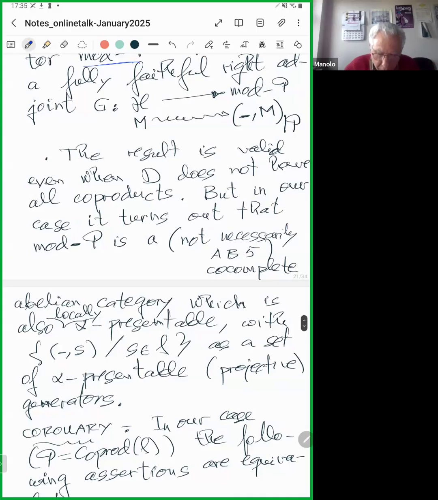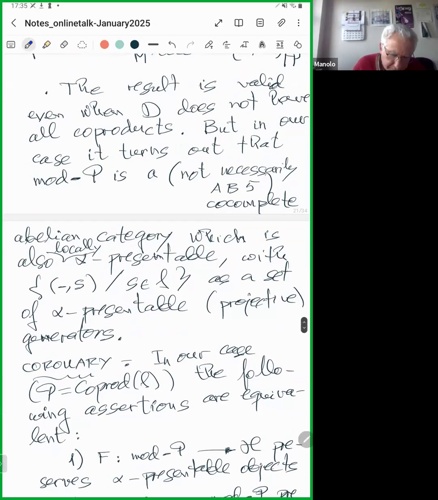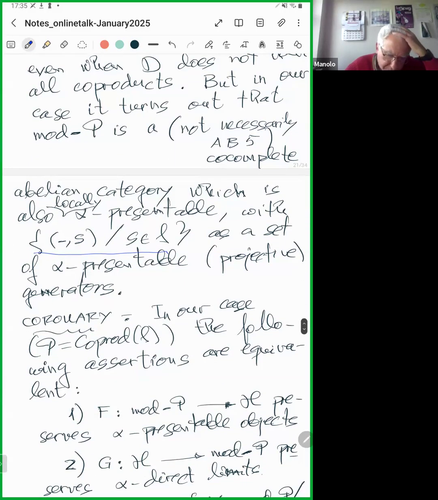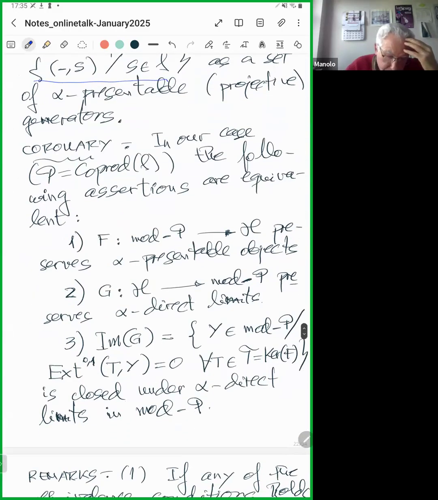Mod P is an abelian cocomplete category, not necessarily AB5, but in addition it is locally alpha presentable, where a set of alpha presentable generators is precisely given by the contravariant functors associated to the S in this skeleton of the alpha compact objects in the I. As a corollary of this adjunction, you have that F preserves alpha presentable objects if and only if the right adjoint preserves alpha direct limits.